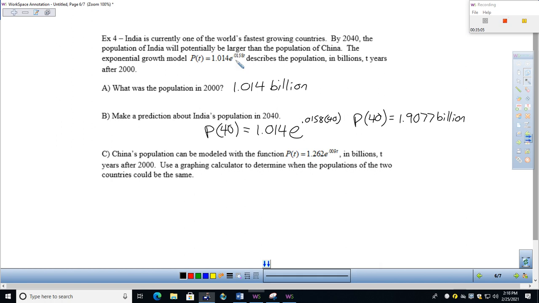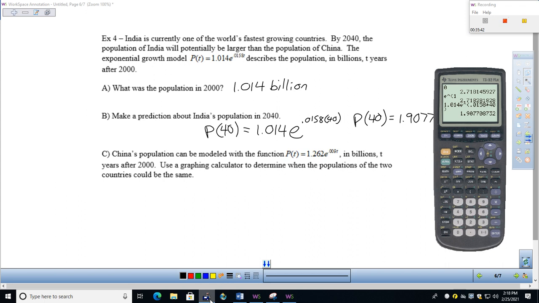So that's the idea behind this, that one population should catch up with the other based on the growth rates. So we're going to do this just with a graphing calculator here. And I'm going to give you just the window to use. Again, I don't want to take too much time on this. It's just calculator work at this stage.